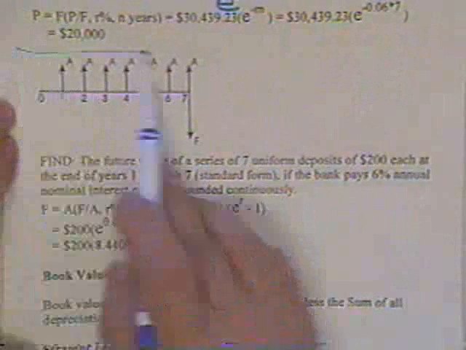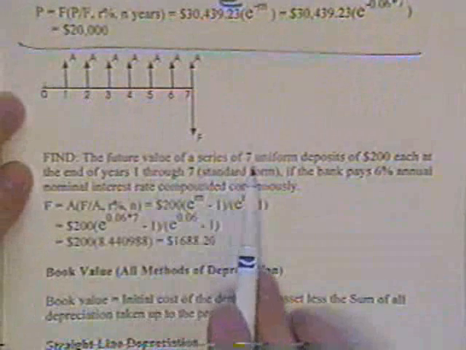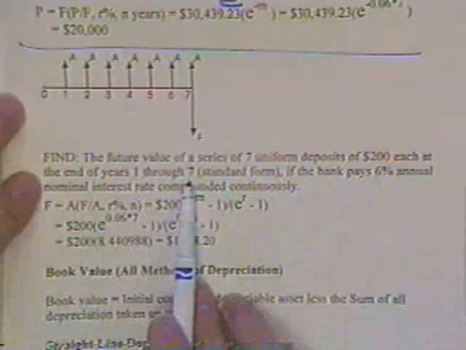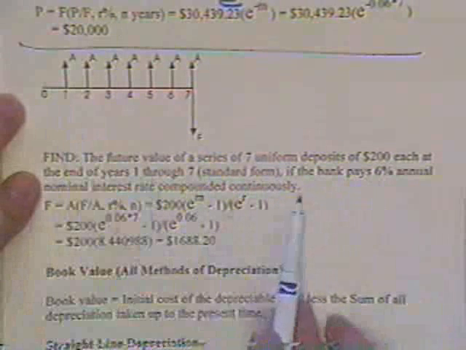Alright, now then, find the future value of a series of 7 uniform deposits of $200 each at the end of years 1 through 7. That's standard form because he's putting his annuity in the right time position.